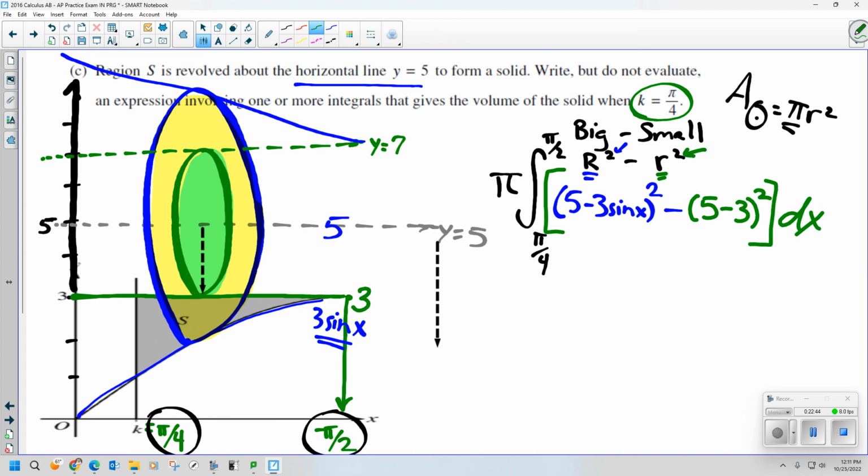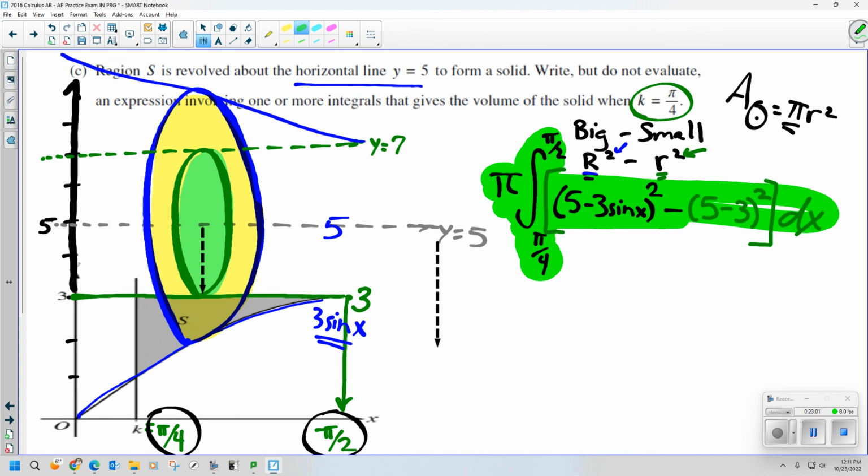Now, that was the explanation for everything. If I want to clean this up, I can. But my answer is going to be as follows. Let's highlight this. The integration from pi over 4 to pi over 2 of this stuff right here is my answer. Now, the only thing I can clean up if I wanted to would be that second radius, this part right here. 5 minus 3 is 2. 2 squared is 4.